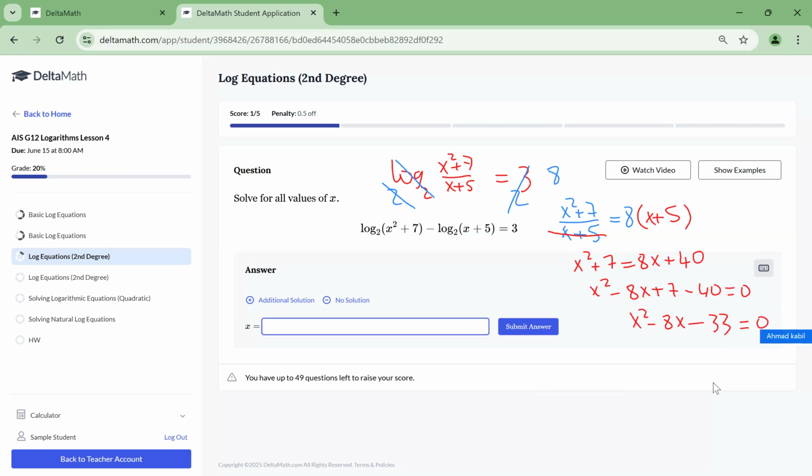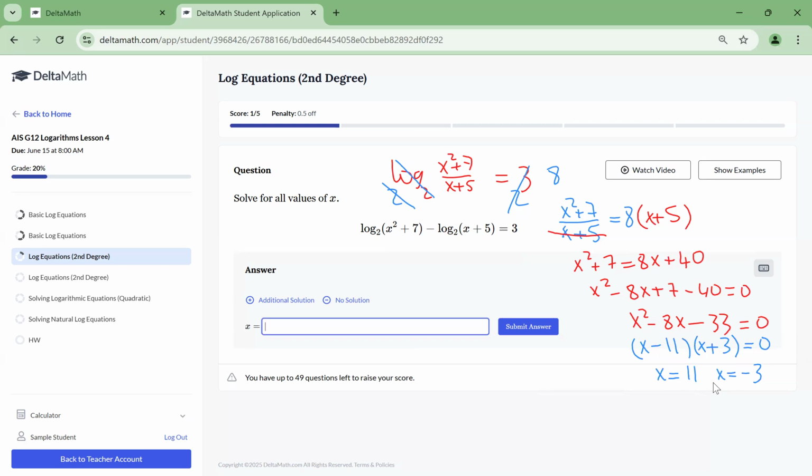So we want two numbers that multiply to 33 and subtract to 8. Again, you can just use your calculator for this. My two numbers are x minus 11, x plus 3 equals 0. And we can just figure out the values of x, which are positive 11 and negative 3.